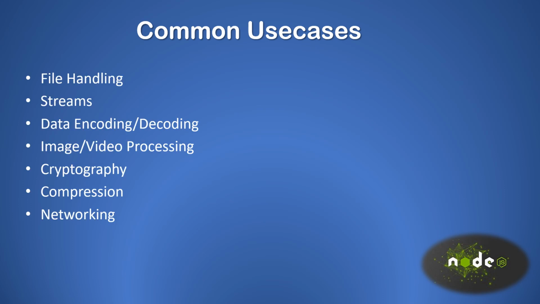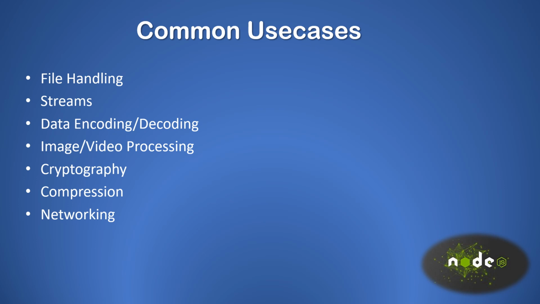So what are the common use cases of Node.js buffers? Well, first, file handling: reading and writing binary files like images, videos, or audios. Streams: managing chunks of data in a stream for network connections or file transfers. Data encoding and decoding: handling data in various formats like base64, hex, or UTF-8.